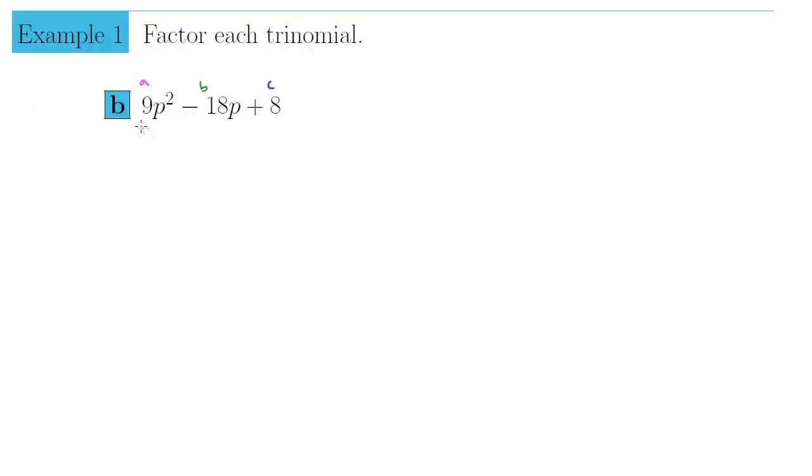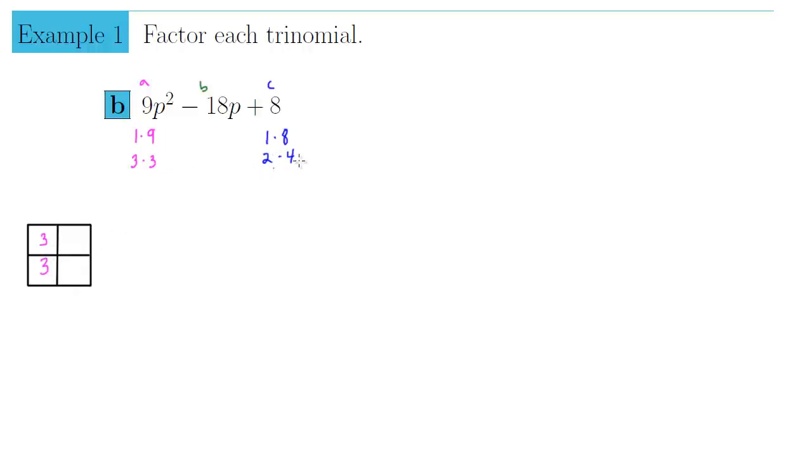All right, well, factors of 9. 1 times 9 or 3 times 3. Factors of c. 1 times 8 or 2 times 4. So now we start building our box. So we need to put factors of a in the first column of our box. Let's start with the ones that are closest together, 3 and 3.